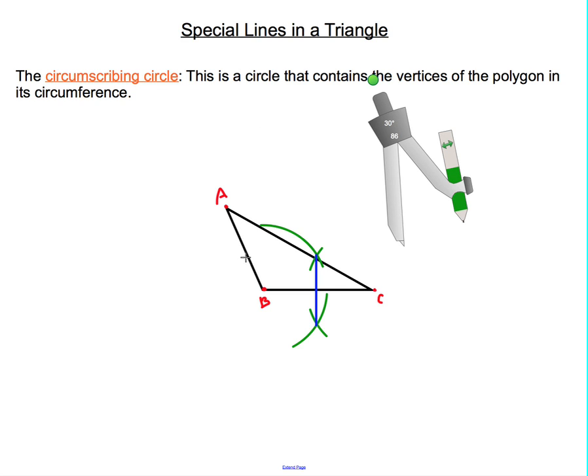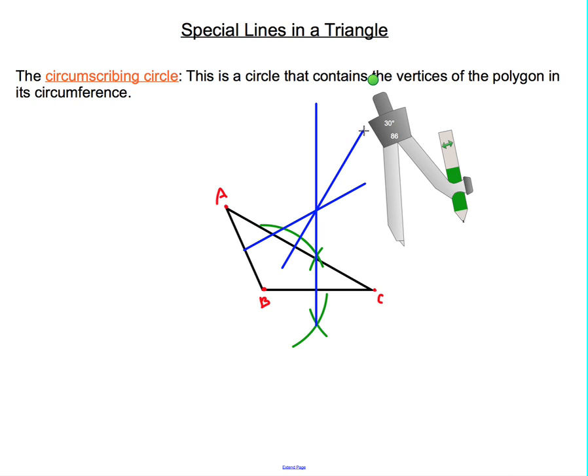Then you would have something that looks like, let's start by extending this blue line a little bit, because I can tell already we're going to need it to be longer. Let's say that we've bisected perpendicularly like this, approximately AB, and we'll do the same thing for BC, which I believe is approximately here.